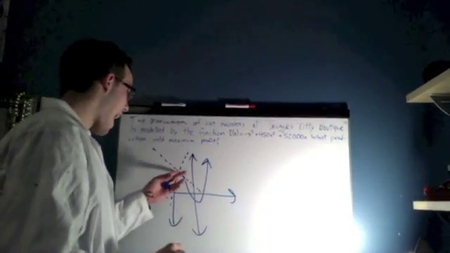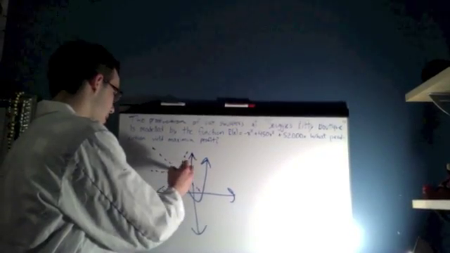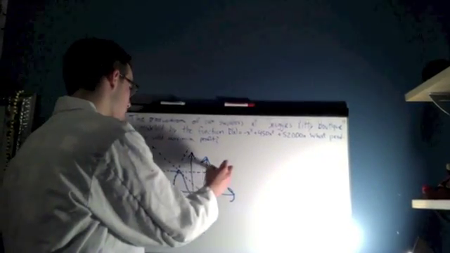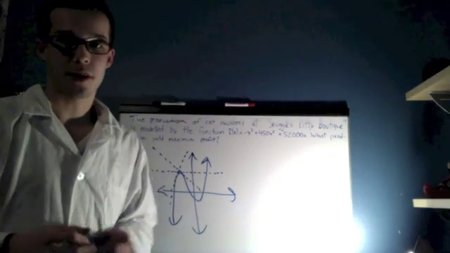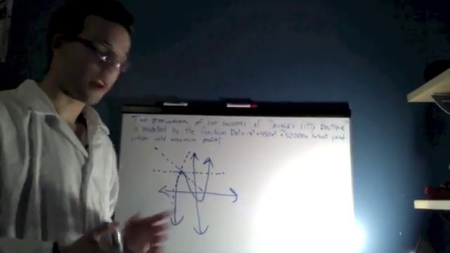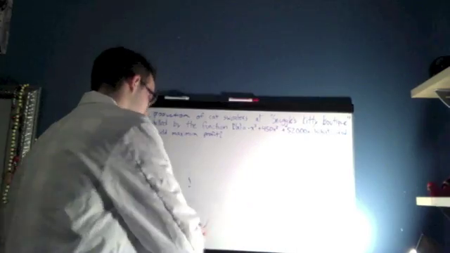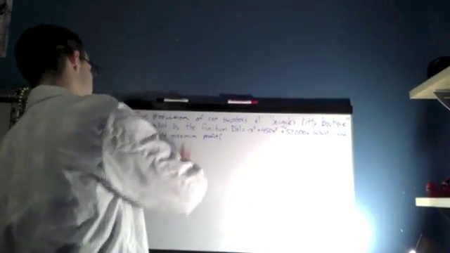But directly at the local maximum, or the critical point, the slope of the tangent is going to be 0. So the slope of the tangent is 0 at a maximum point. Now this is a very, very important feature of calculus and has a very specific application in business, as we're going to look at right now.